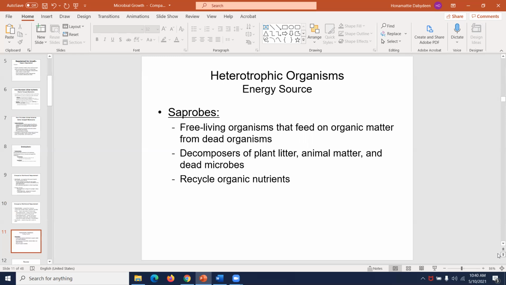These organisms are really our friends. They help us with recycling of all those macromolecules that we cannot decompose by ourselves. These saprobes can be considered huge decomposers, and they recycle matter, which is very essential for our living here on Earth.